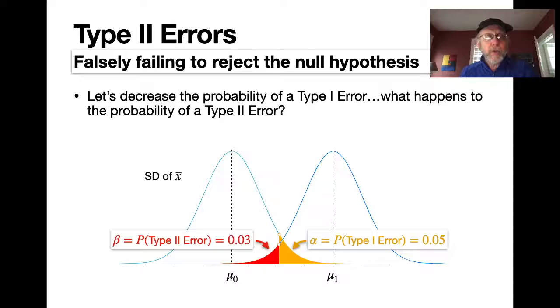What will that do to the red shaded area, which is the probability of a type 2 error? Well, it'll increase it, as you can see right here. By decreasing the probability of a type 1 error from 5% to 3%, it turned out we increased the probability of a type 2 error from 3% to 6%.